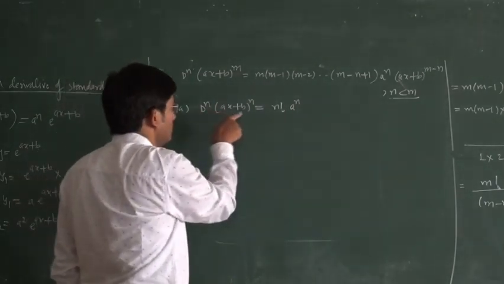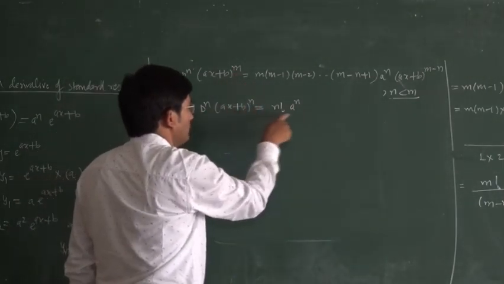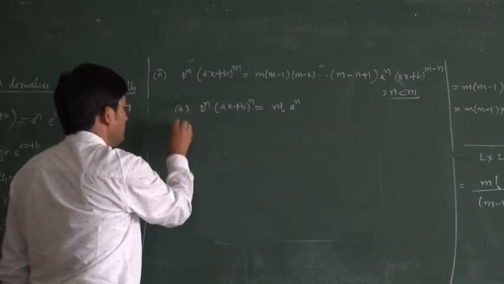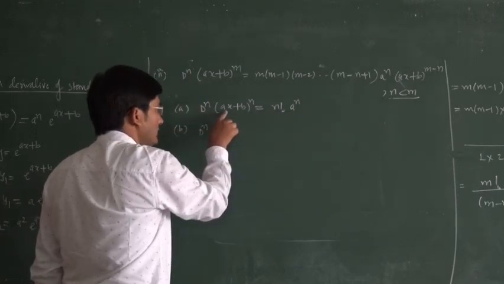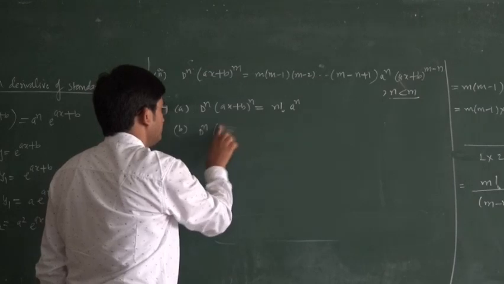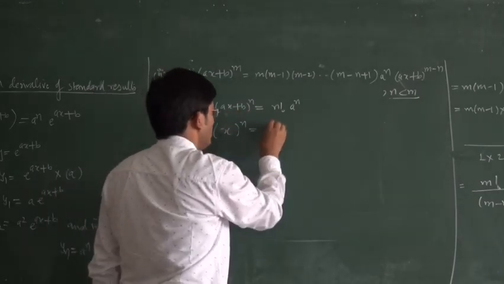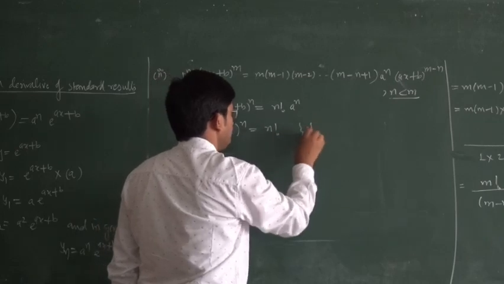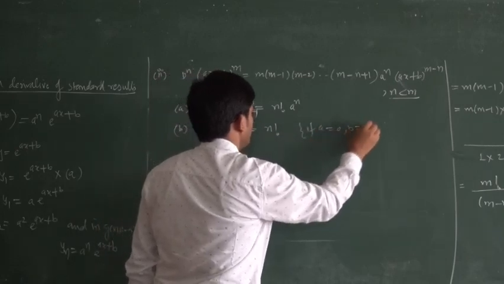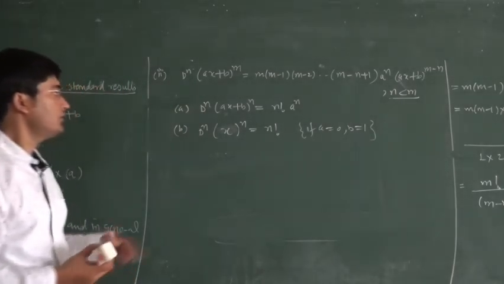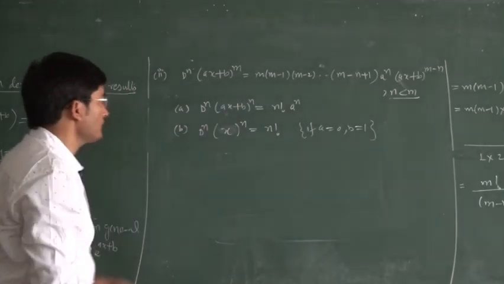So if m is n, then we will have this value. Now if a is 1 and b is 0, then we will have this factorial n.